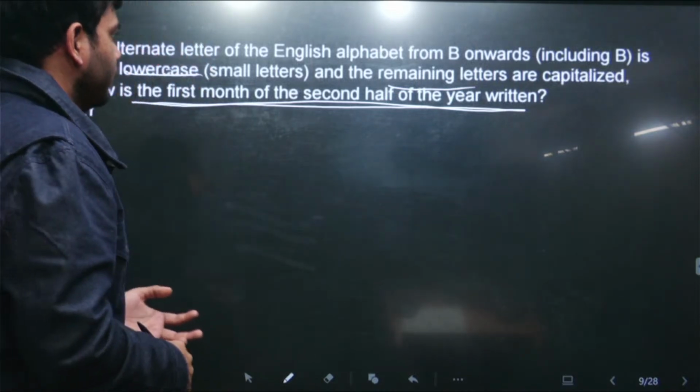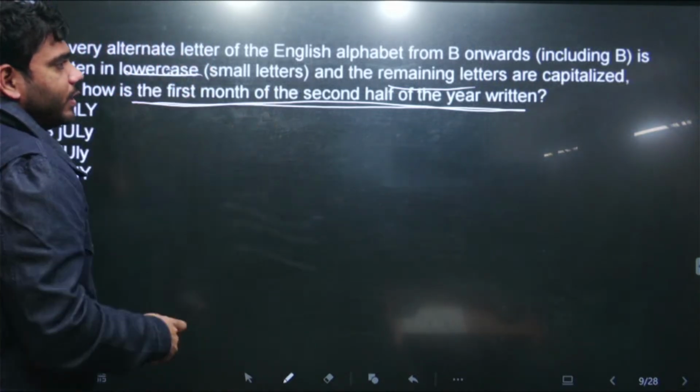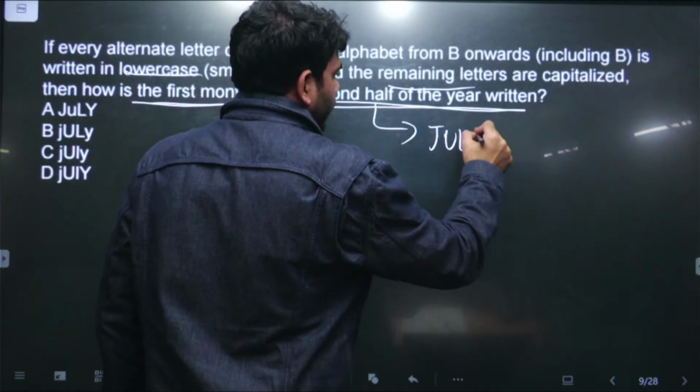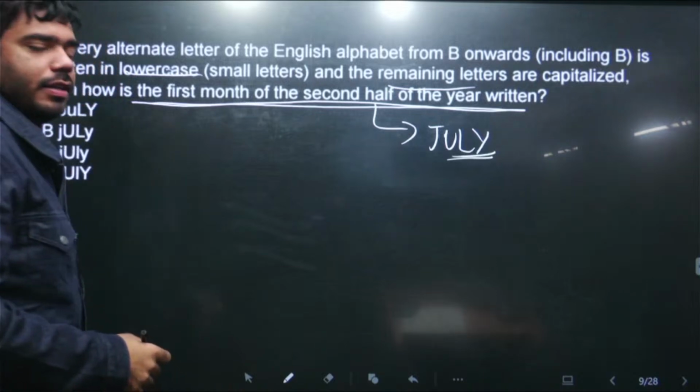And then we have to see how the first month of the second half of the year is written, that is July. How will this July be written? It's a very simple question.